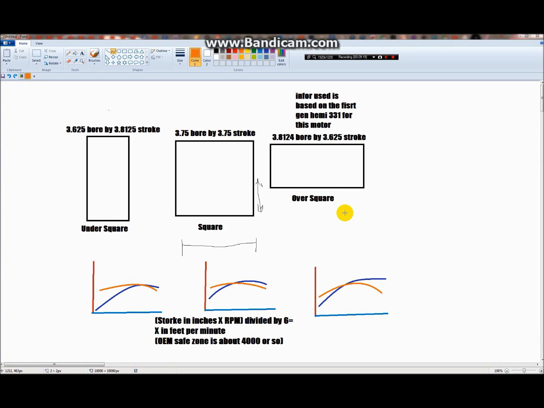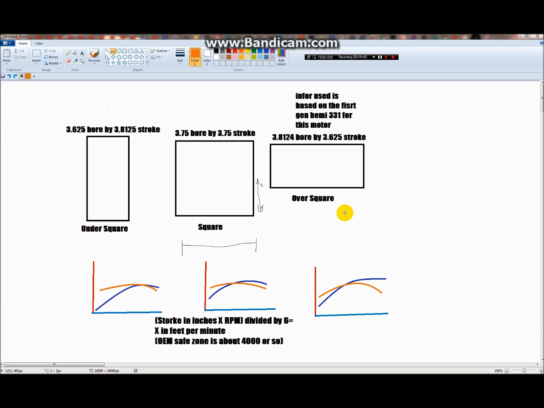I wouldn't go past 74, personally speaking, because that's 4,085, something like that. So that's like, nope, we're not going any farther with that. Because beyond that, you're risking rod knock, and you're going past what the OEM safe recommendation is, even though most OEM motors are only going to red line at 5,600 RPM.